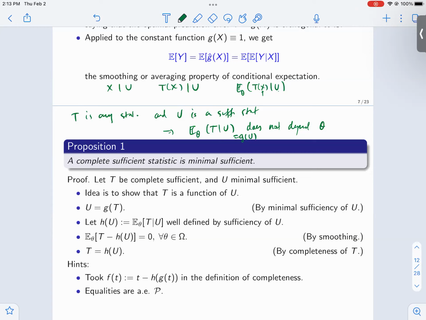So once I assume sufficiency, that's good enough. That's the definition of sufficiency: the distribution of x given u does not depend on theta. Yeah, if it's minimal sufficient, you have extra information, but sufficiency is enough.